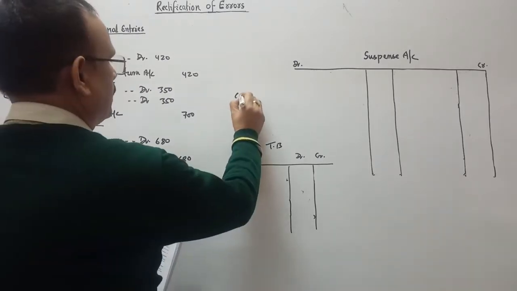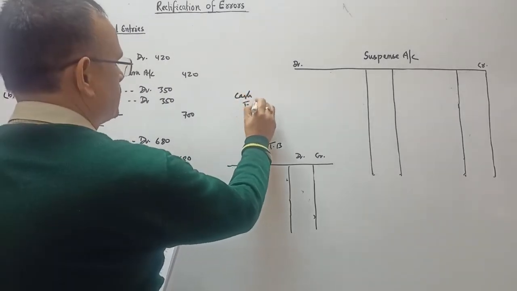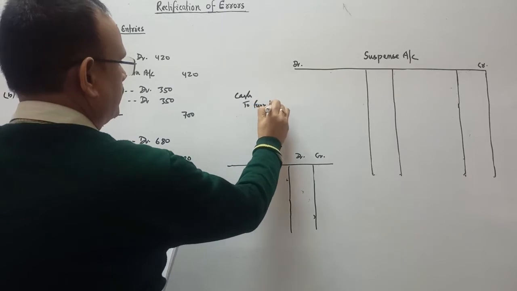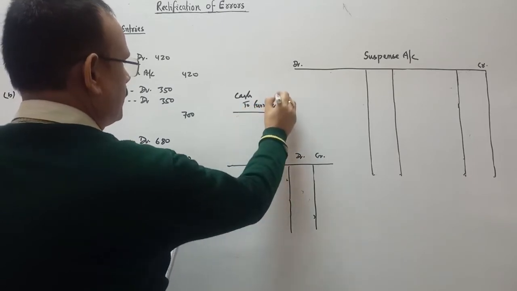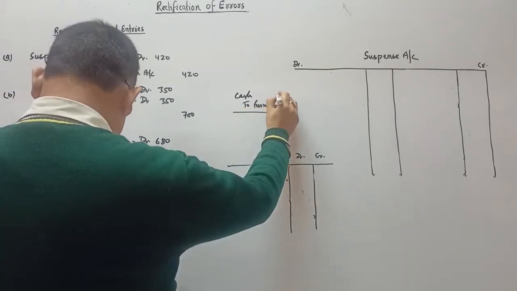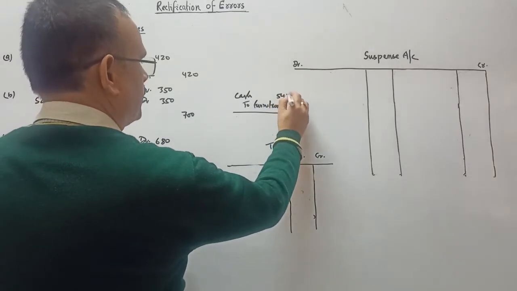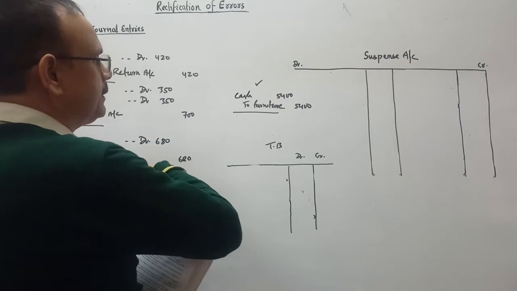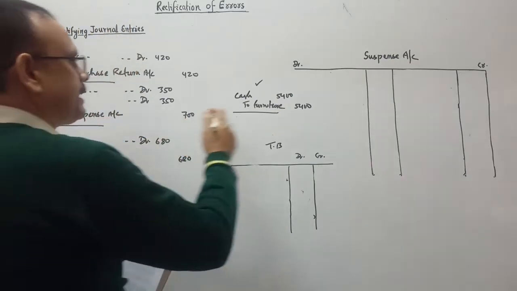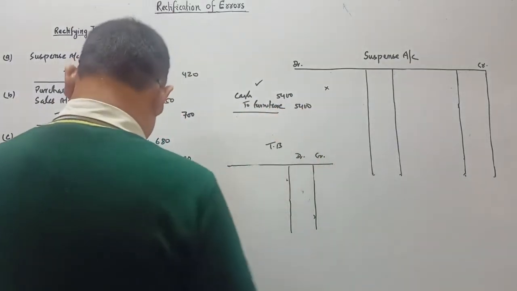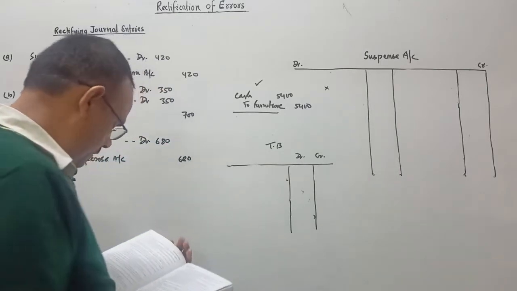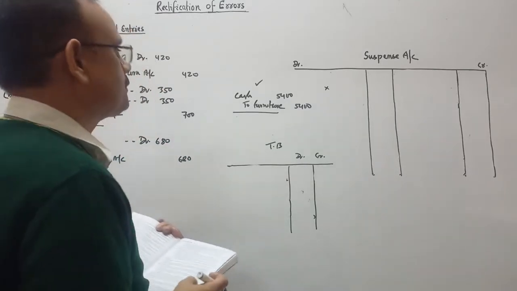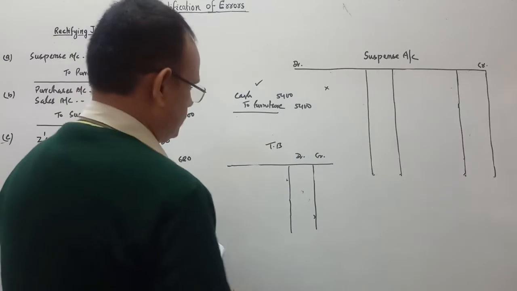So you know the cash account debit to furniture account 5,400. This is the right entry. But what entry has the accountant done? It has posted as 4,500 in the sales account.